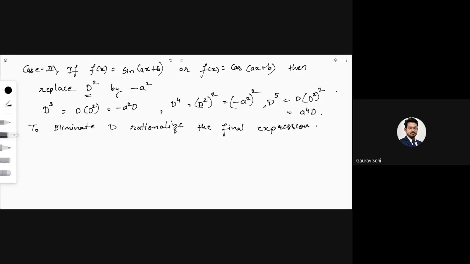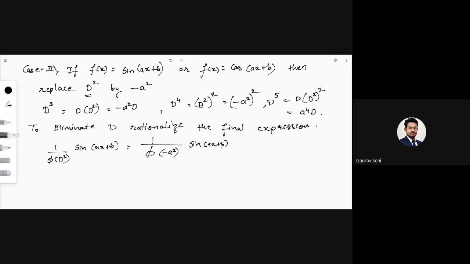Before explaining this, I'll just write down 1 upon phi of d square sine of ax plus b. This will be 1 upon phi of, I said that d square is to be replaced by minus of a square, sine of ax plus b.